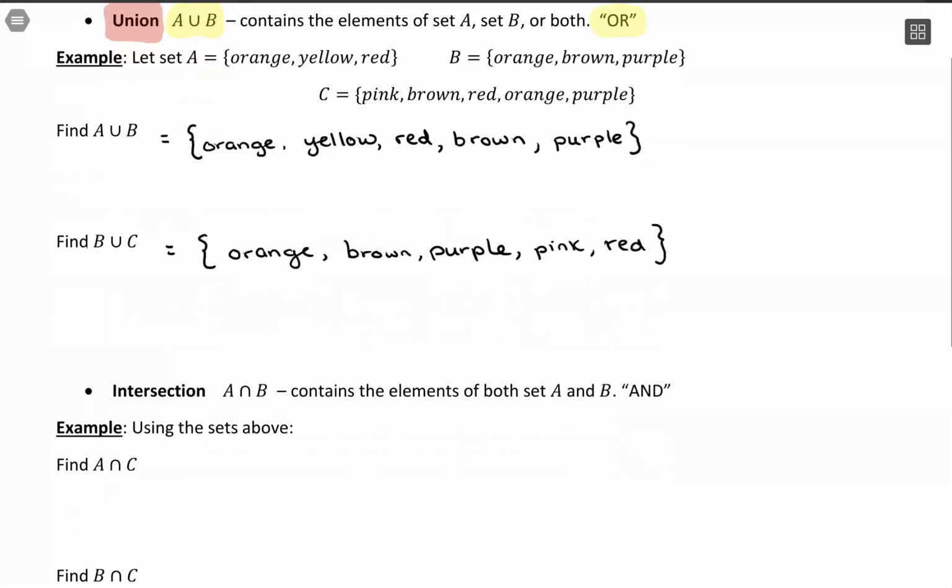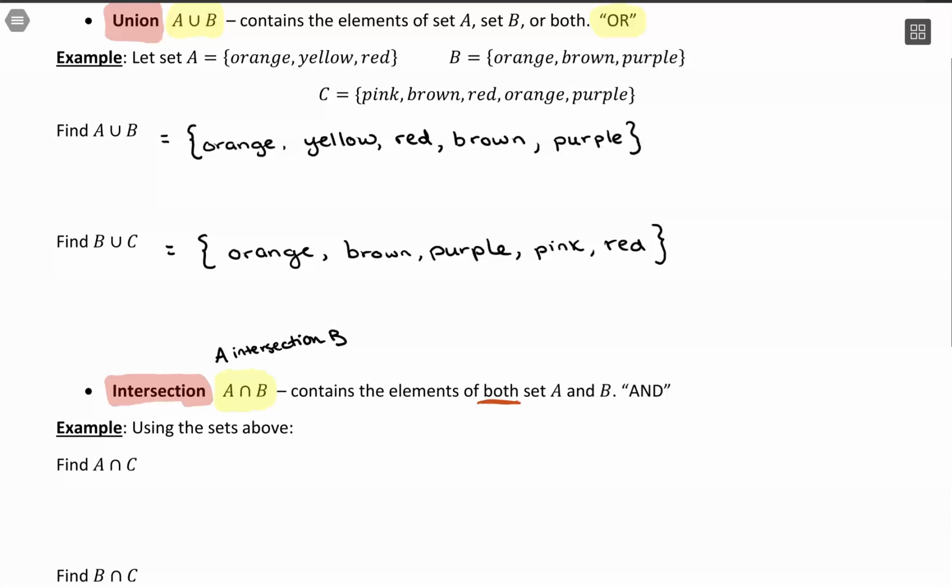Alright, our next one is intersection. Now for notation with looking at the intersection of two sets, the notation we use is an upside down U. So this would be A intersection B. And what we're looking at here is what is in both sets.